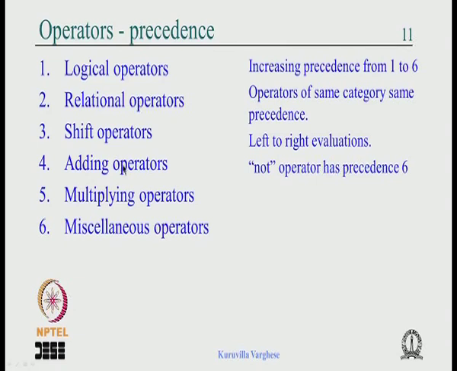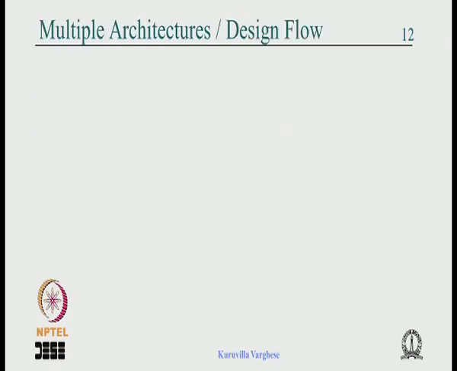When you write operators of the same precedence, they are evaluated from left to right, but it is very difficult to remember all these. I suggest you use brackets wherever possible. It is good for understanding. Even if somebody else reads your code, it is very easy to understand.